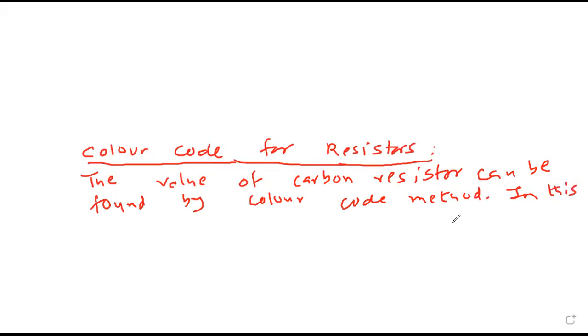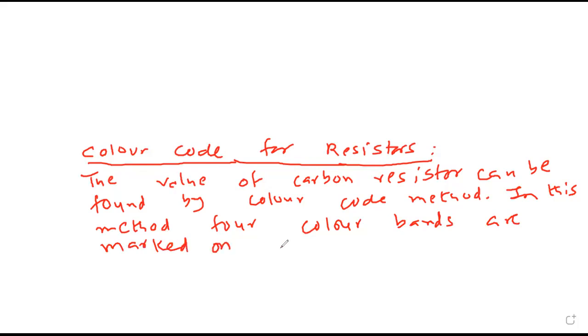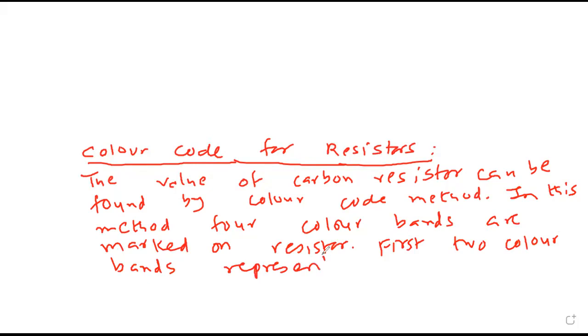In this method, 4 color bands are marked on the resistor. The first 2 color bands represent significant digits.